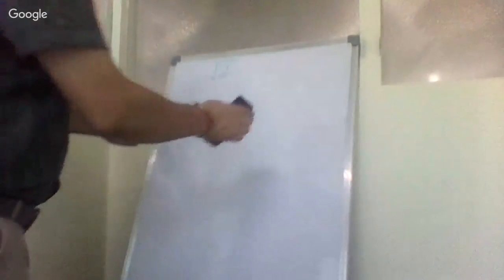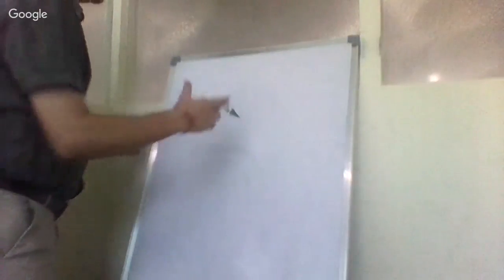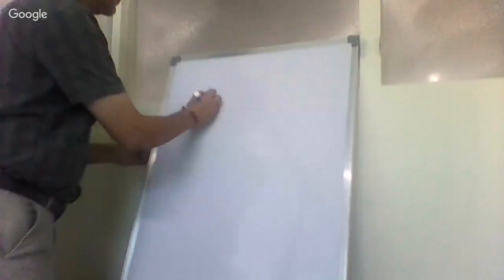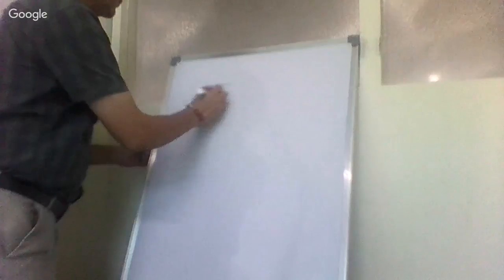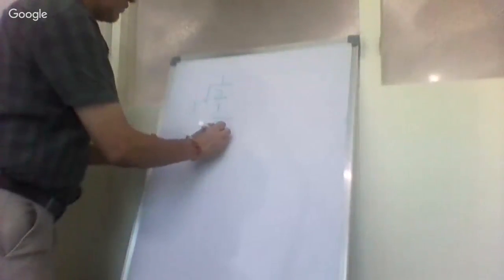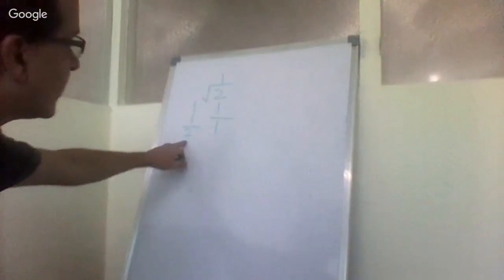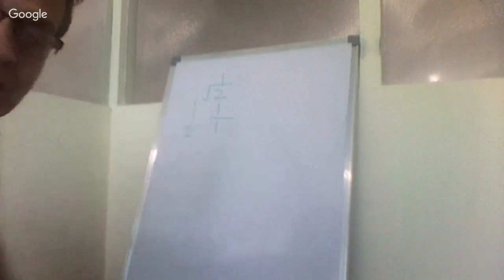The square root of 2, we want to find. 1 times 1 is 1. So 1. I think till here you got. Yes. Now we see this number is greater than this number.